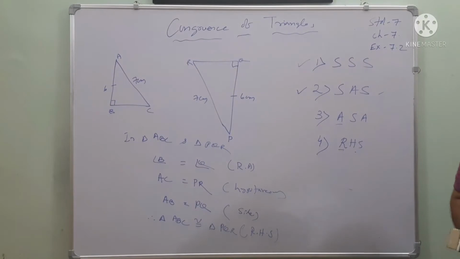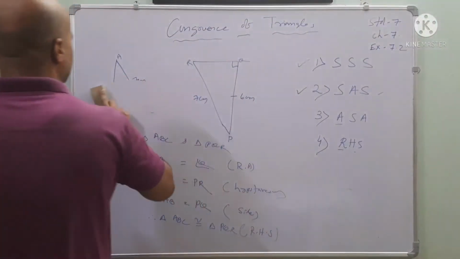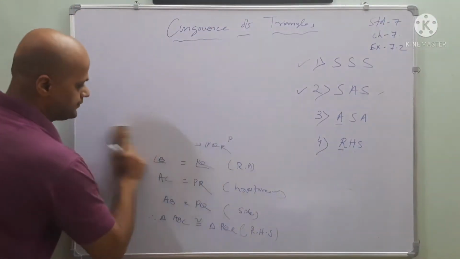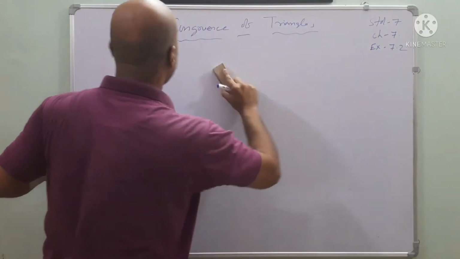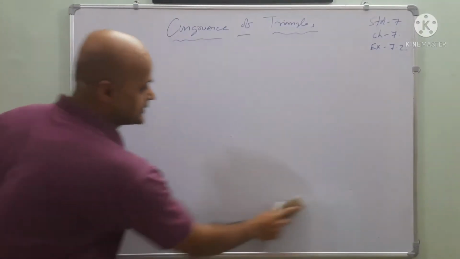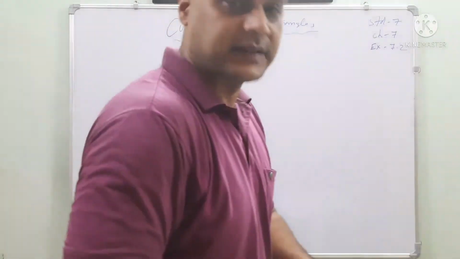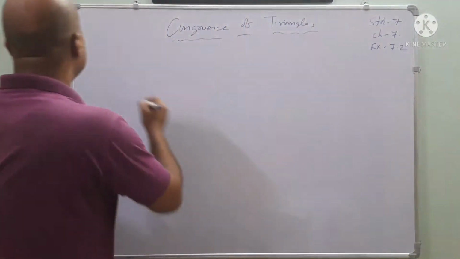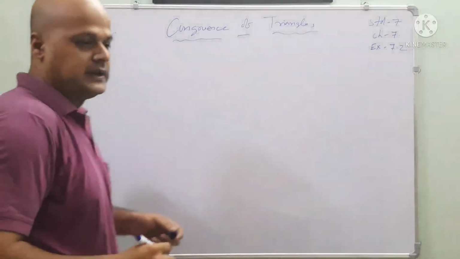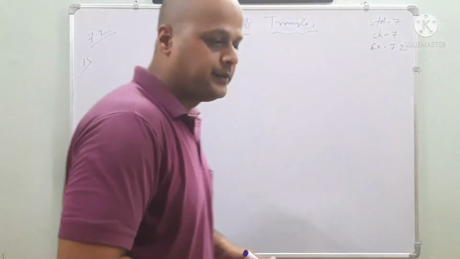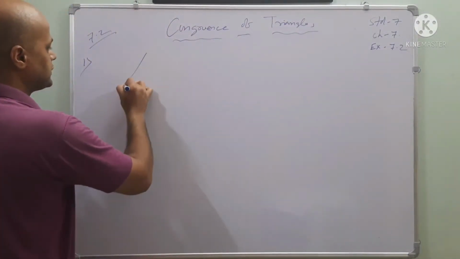Let's go to the exercise. Go to the next exercise. What is that? 7.2. What is 7.2 saying? 7.2, question number 1. It's saying that in triangle ABC and DEF, two triangles are there.